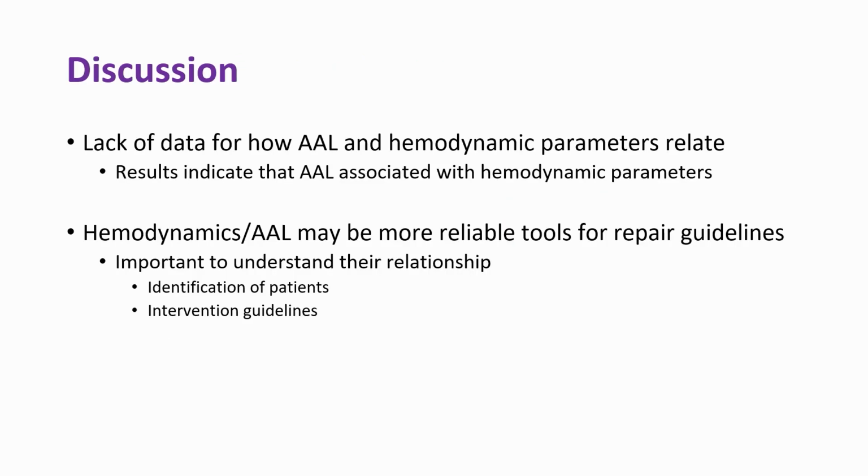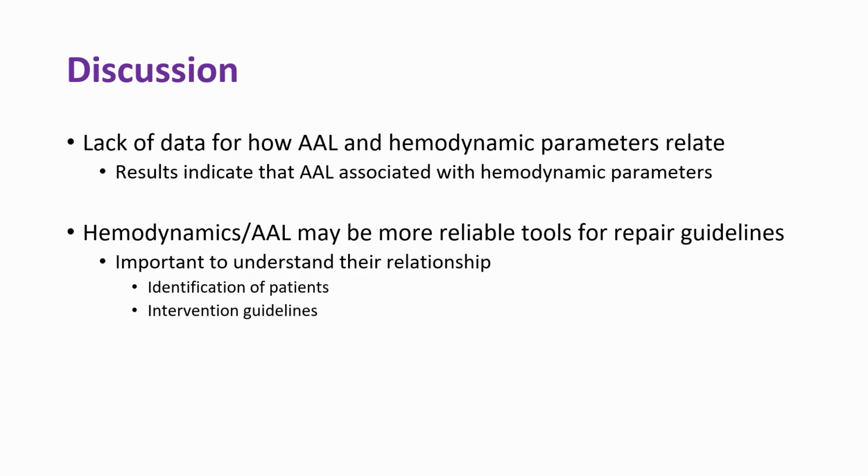So as previously mentioned, there's currently a lack of data for how ascending aortic length and ascending aortic hemodynamic parameters relate to each other, and our results indicate that ascending aortic length may be associated with a variety of hemodynamic parameters. And as previously mentioned, the current guidelines of using aortic diameter as a proxy by which to determine when to intervene in these patients is not sufficient, as a significant portion of patients are missed.